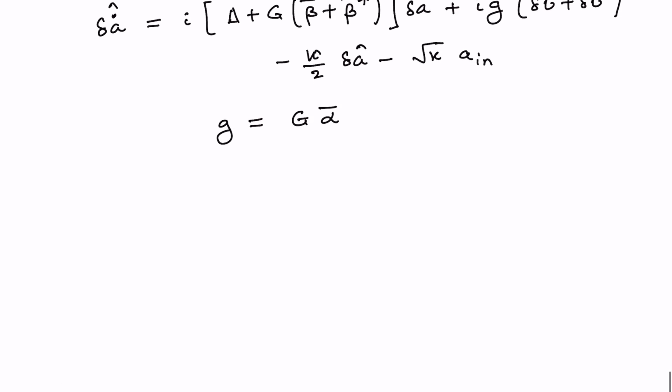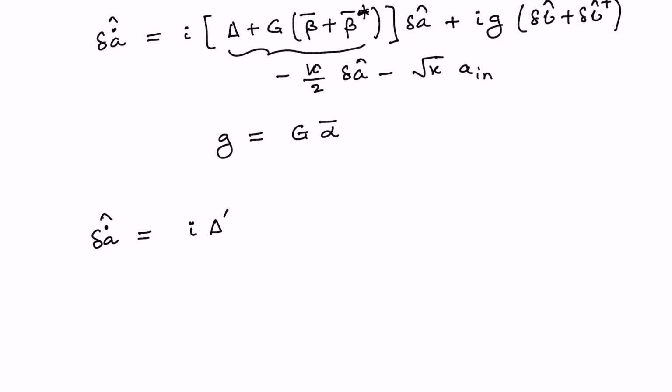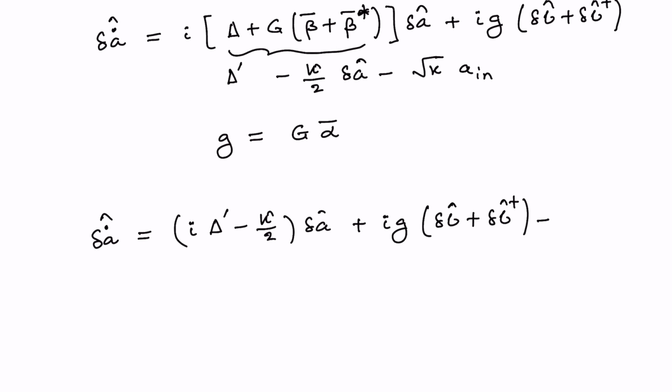So I am now having delta A dot is equal to i delta dash, which, as we have defined, is the modified detuning parameter, minus kappa by 2, times delta A, plus i z (delta B plus delta B dagger) minus root kappa A in.